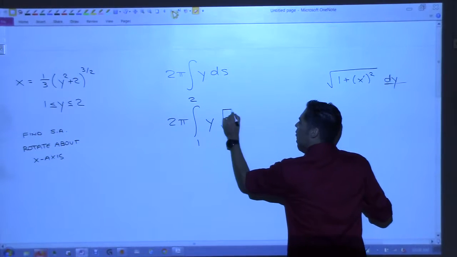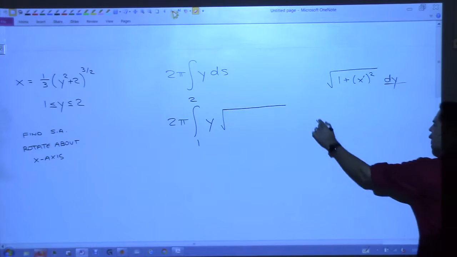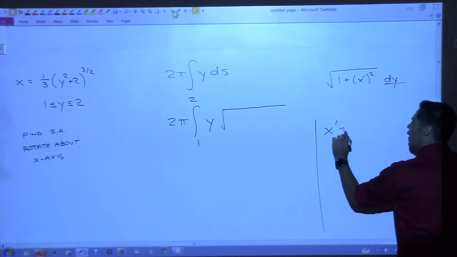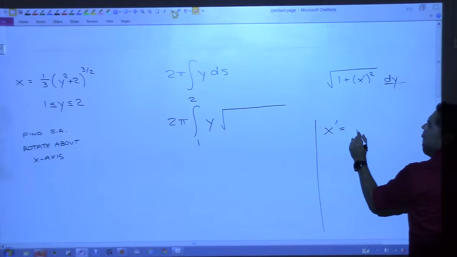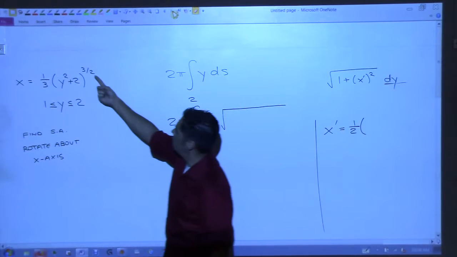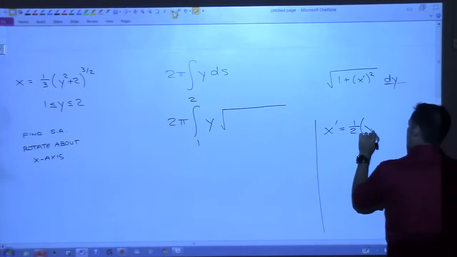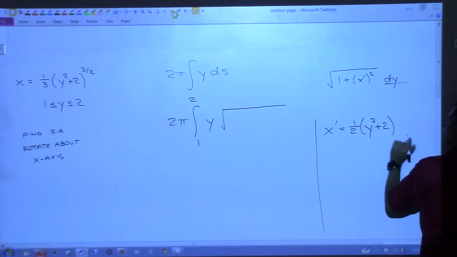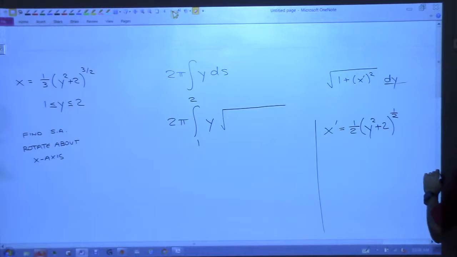Then I have square root of, and then now let's do this part. I'm doing this over here. So what's x prime? 1/3? 1/2, right? Right, 1/2. So this power came out, and that gives you a 1/2, and then all of that, don't change it. To what power? 1/2, subtract 1, right?